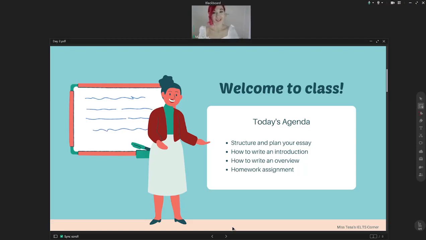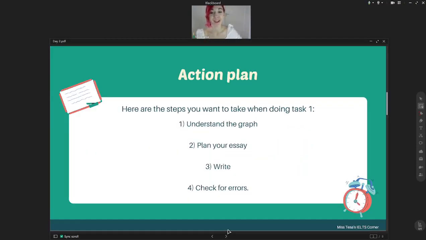So let's get started. And first of all, let's talk about a brief action plan when it comes to what you want to do in your IELTS exam. So, first, you want to understand the graph. Second, you want to plan your essay. Thirdly, you want to start writing.